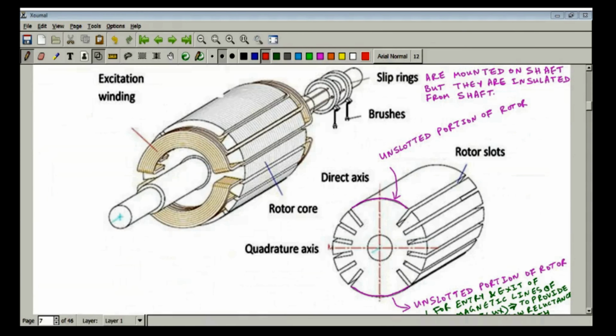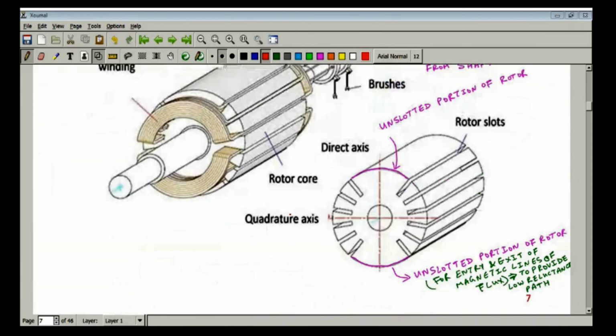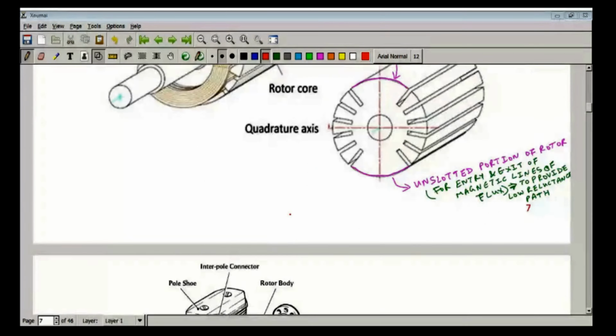It has to do mainly with practical constraints. Theoretically there is no binding. You can place the field winding on the stator and the armature winding on the rotor. Theoretically, no problem in that.